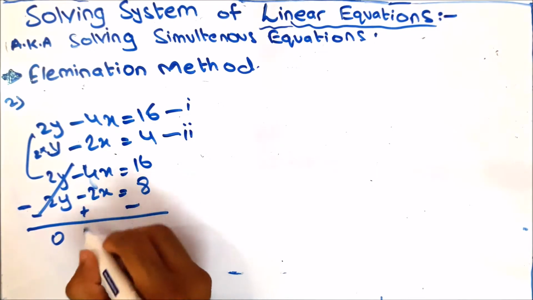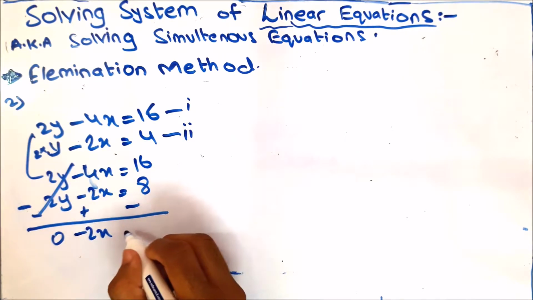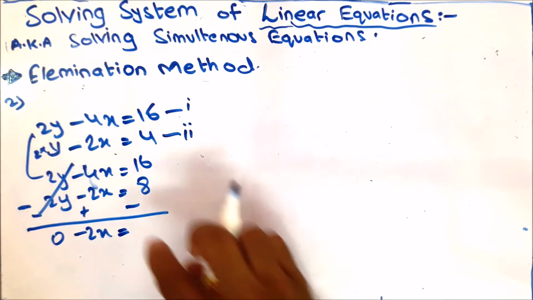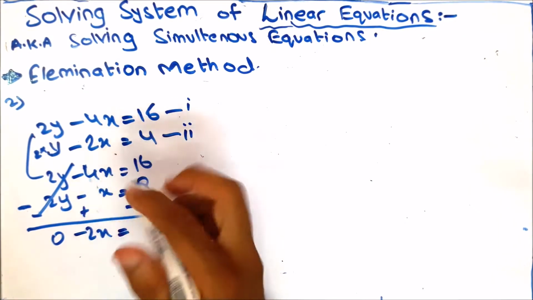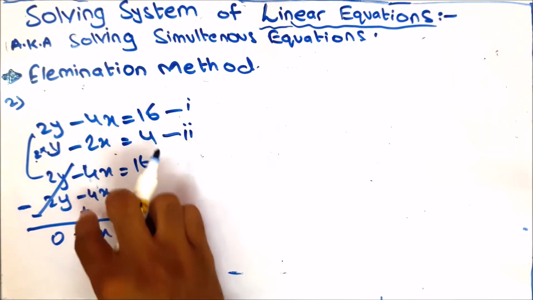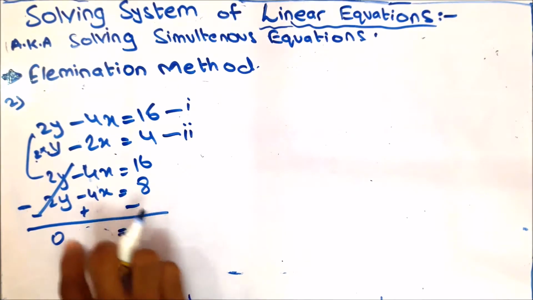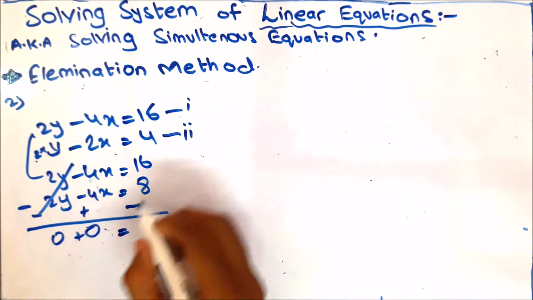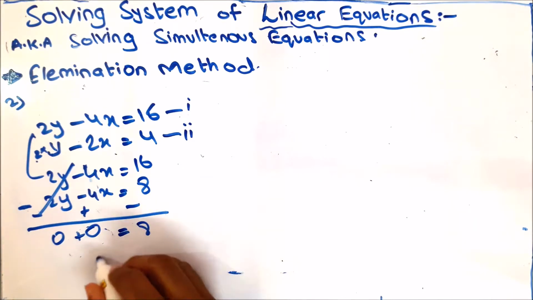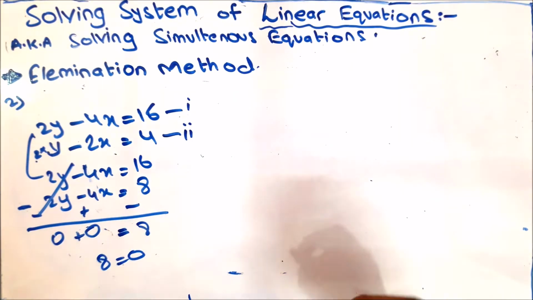Okay, when I multiplied it, I made a mistake. It becomes 2 times 2 is 4. So 4x minus 4x becomes 0, and 16 minus 8 becomes 8. It becomes 8 equals 0.